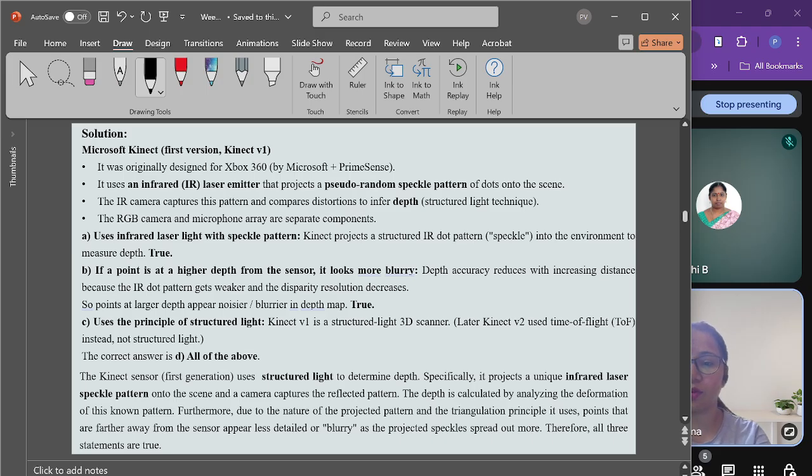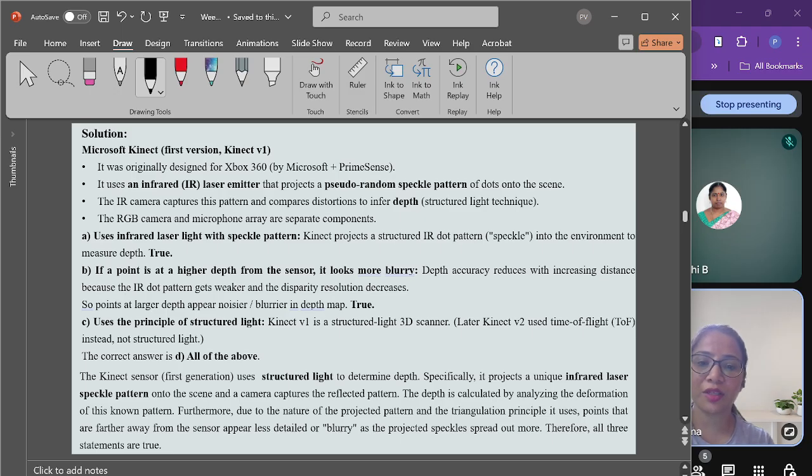So here the whole description is there. The Kinect sensor, that is our first generation, uses structured light to determine depth. Specifically, it projects a unique infrared laser speckle pattern onto the scene, and the camera captures the reflected pattern. The depth is calculated by analyzing the deformation of this known pattern.